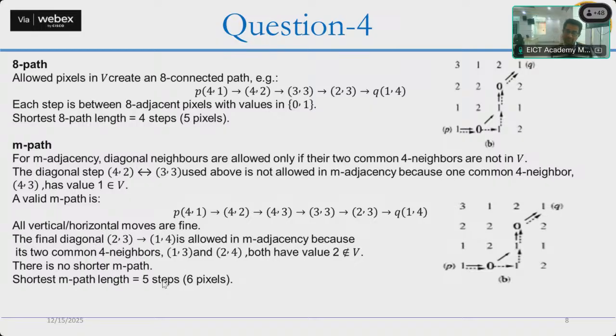So that's why it is a 5. Is it understood? It is a bit tricky. Can we proceed further?